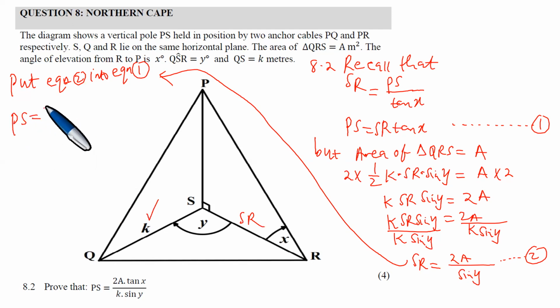What is the SR? It is actually 2a divided by the trigonometric sine of y, and then you have the tangent of x, which comes with equation 1.